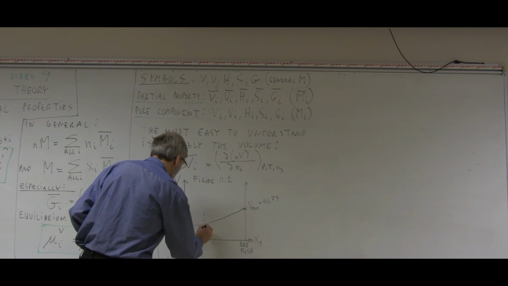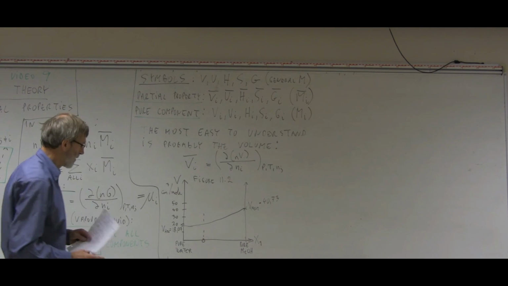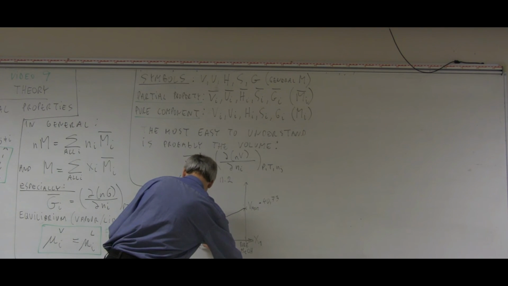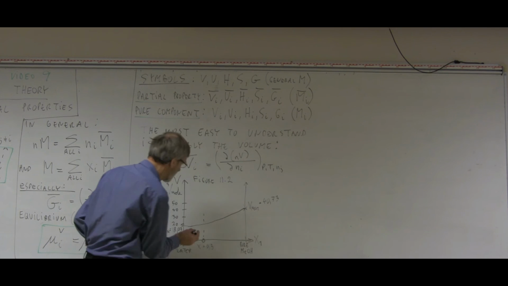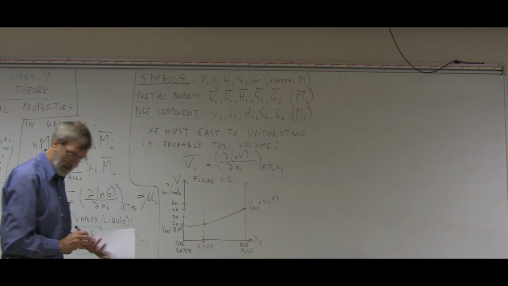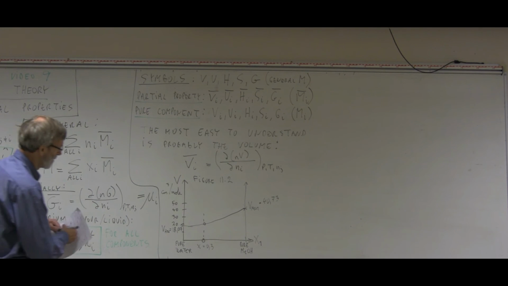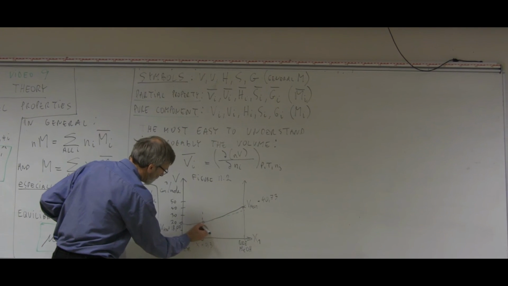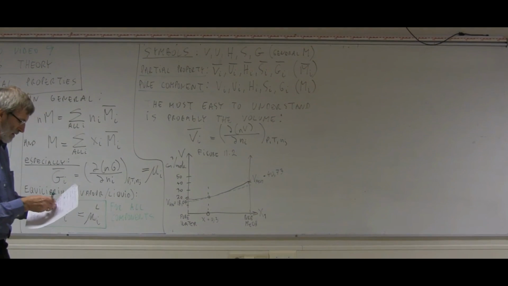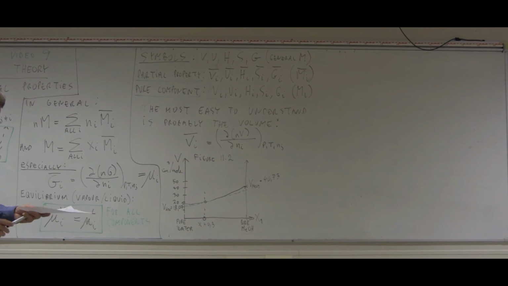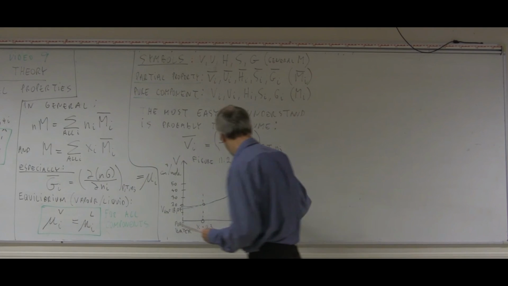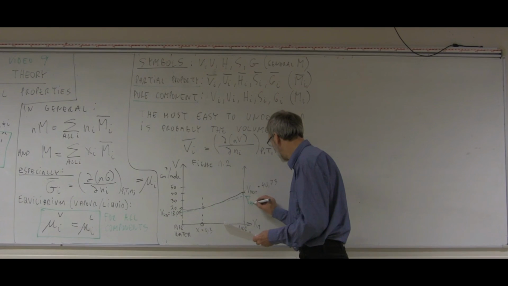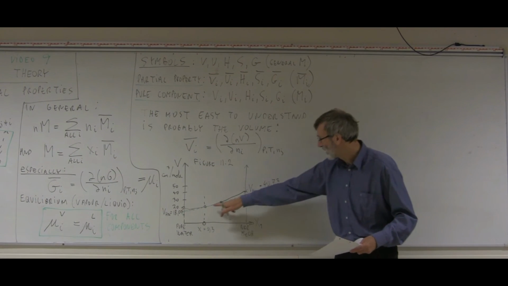And we can take one point at x equal to 0.3, and if we take a tangent in this point, we can read the partial volume of methanol in that point.